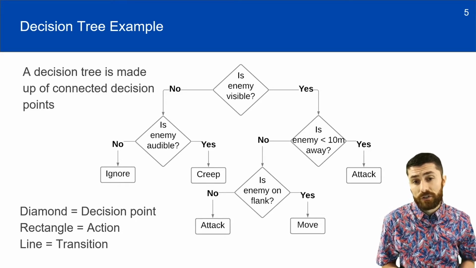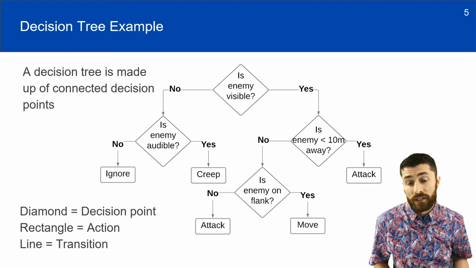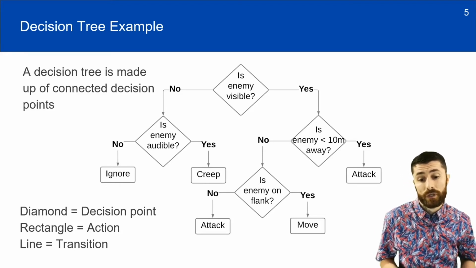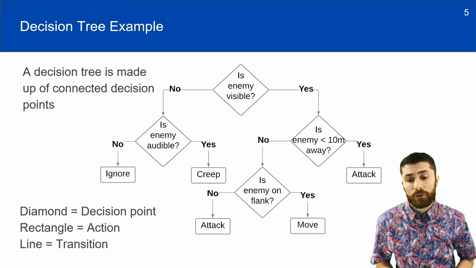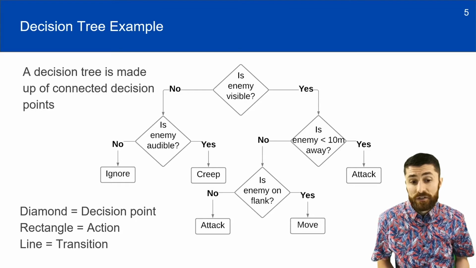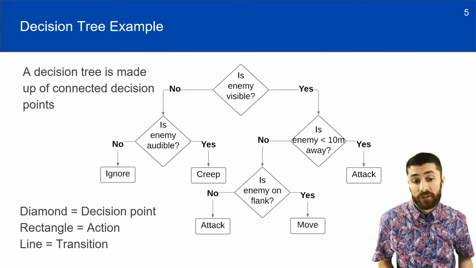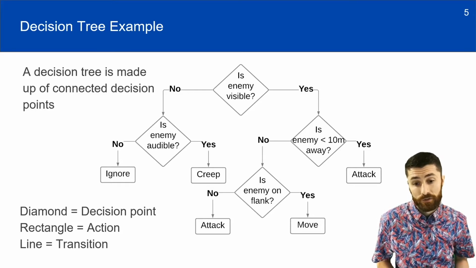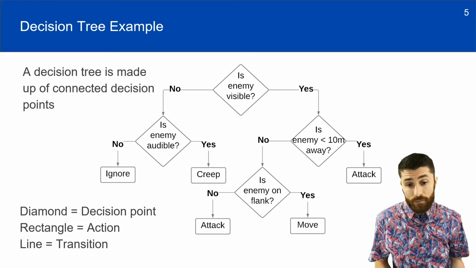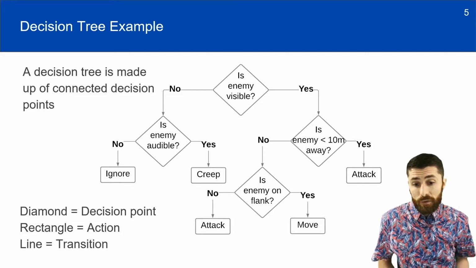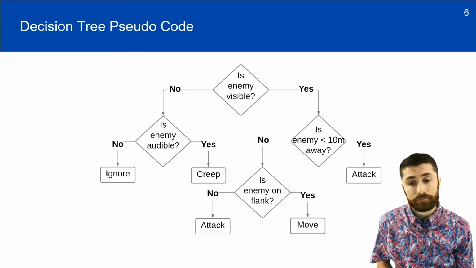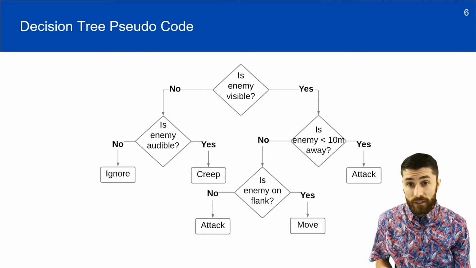The transitions are the lines that connect the decision points together or from a decision point to an action. The transition basically tells us what happened in the test and therefore how it transitioned into the next part of it. This is a very simple decision tree, and it's probably better to have a look at how we would code something like this. Therefore, let's have a look at some pseudocode.